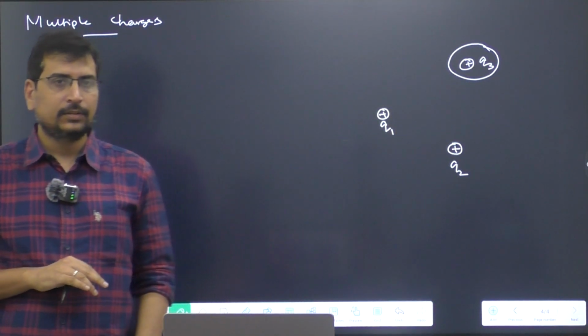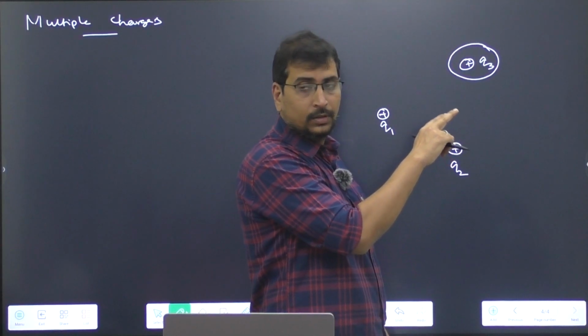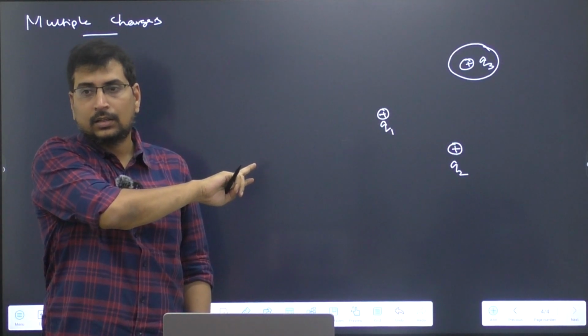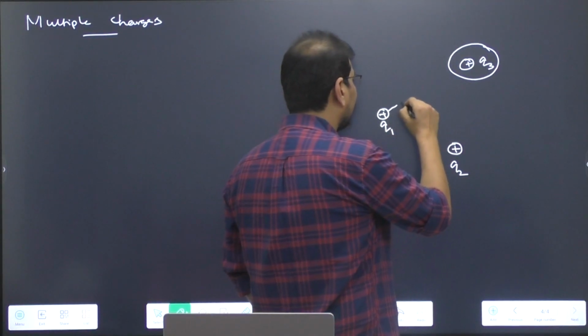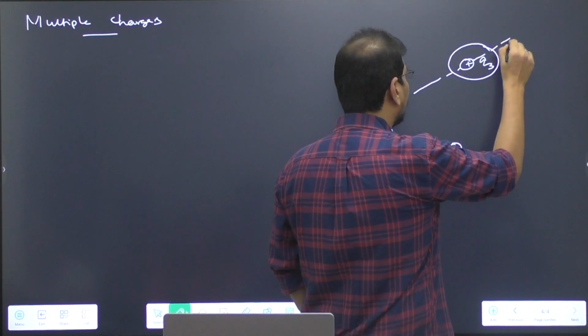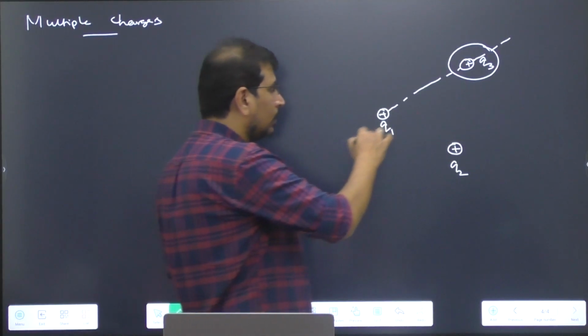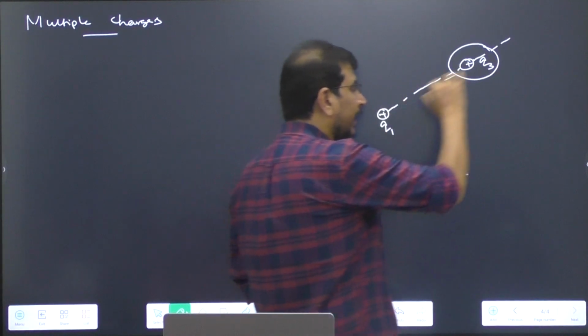But what am I interested in? We are interested in calculating the force experienced by Q3 due to Q1 and Q2. Right? So this Q1 is going to exert a force on this object in which direction? Since I took a system of positive charges, Q3 will get repelled due to Q1 along the line joining the charges.